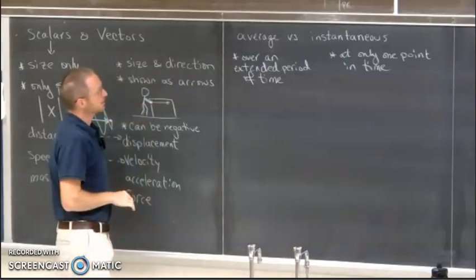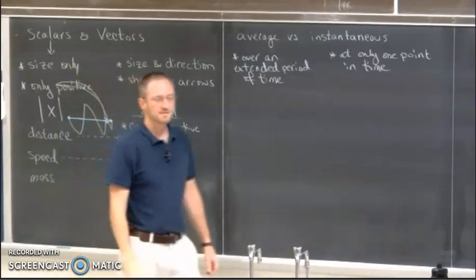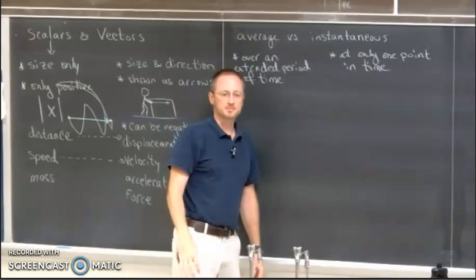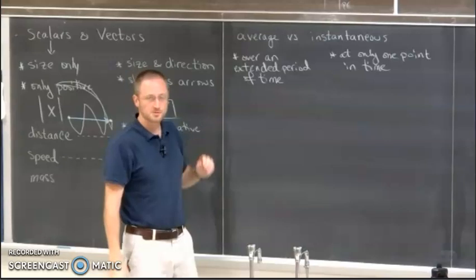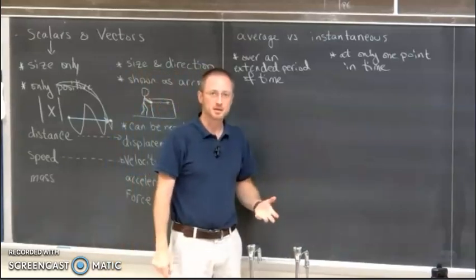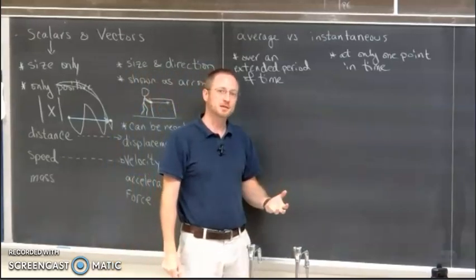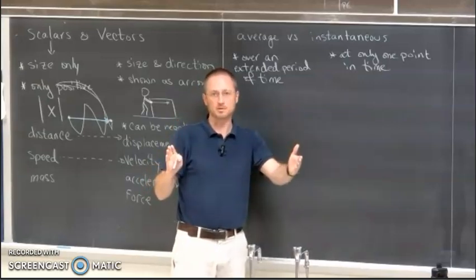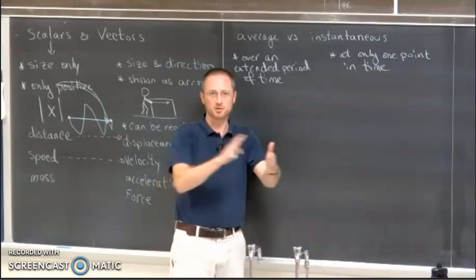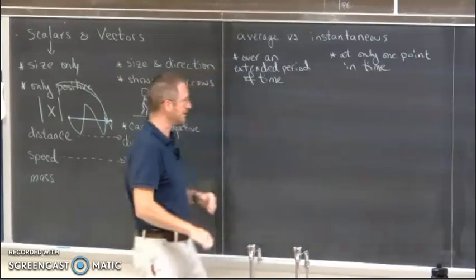So when we get to our graph analysis and start considering graphs, when we ask you for the average velocity or the average speed, it's between two distinct points in time that are spread out and apart from each other, so you're going to be subtracting the two times on the x-axis.